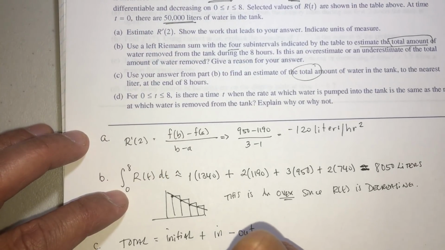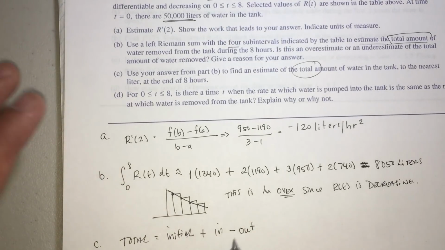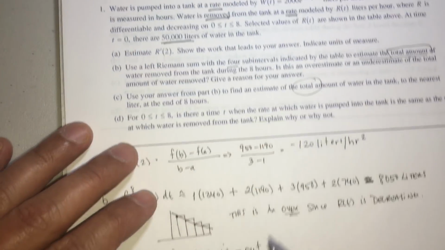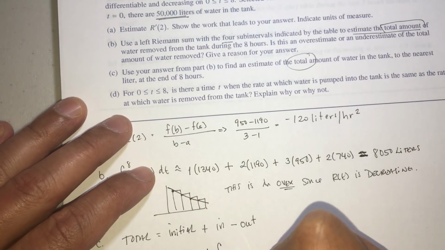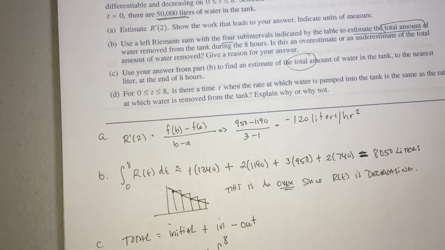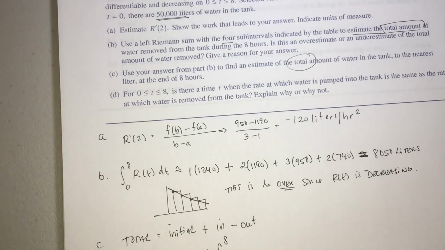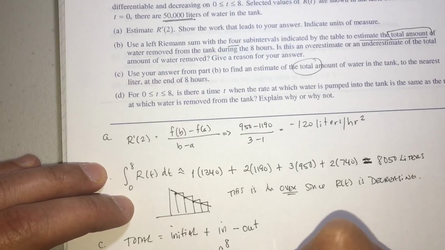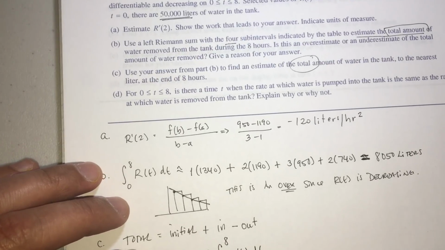Great, 50,000 plus what's going in? Well, water is being pumped in using this guy, so we're going to go the integral from 0 to 8 of W(t) dt. Great. That's what's going to determine how much is going in.